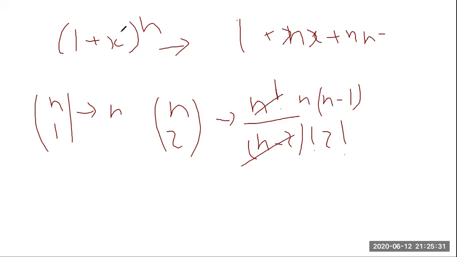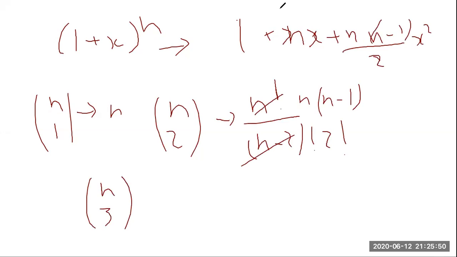So this is n times (n minus 1) by 2, x squared. Next, nC3. So we have n factorial by (n minus 3) factorial by 3 factorial.